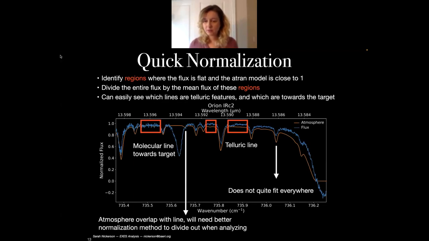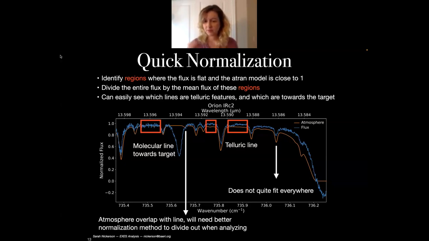And so if you want to just quickly normalize, just to have a nice look at your data, you can identify some regions where the flux is flat and where the model is close to 1, and then just take the mean flux of these regions, divide your entire flux by this, and it will be roughly normalized. This is good for a quick look when you don't want to invest too much time analyzing.